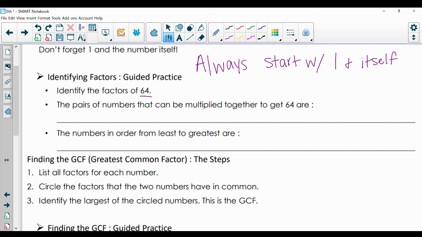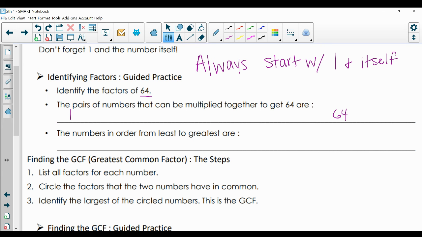It's that number. So that's why we start with 1 on one side and the number on the other. So here we're talking about 1 times 64 equals 64. So those are like the bookends. Every other number has to fall in between those two numbers.